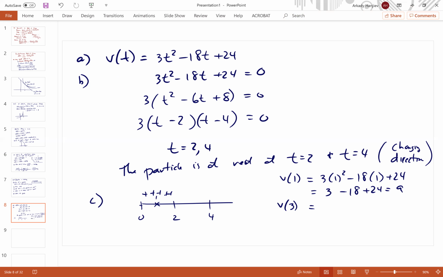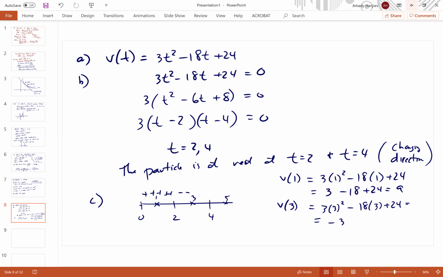Now we got to pick a little guy between 2 and 4. 3 is a good one. All yours to figure out 3 as a test point, and then maybe let's pick 5 as another test point. You could pick 7, 10, who cares, you could pick anything above 4. So let's go with picking 3. The question is, is that positive or negative? Negative 3, perfect.